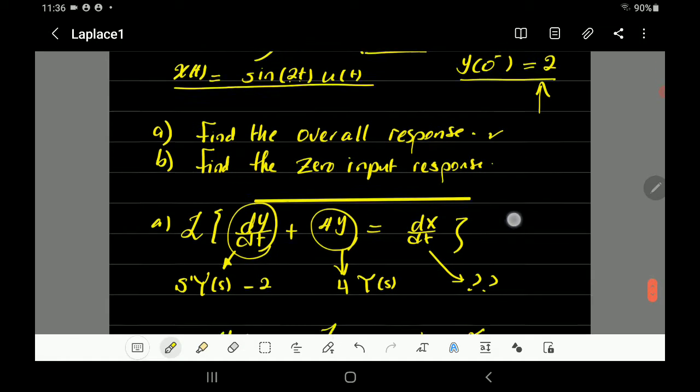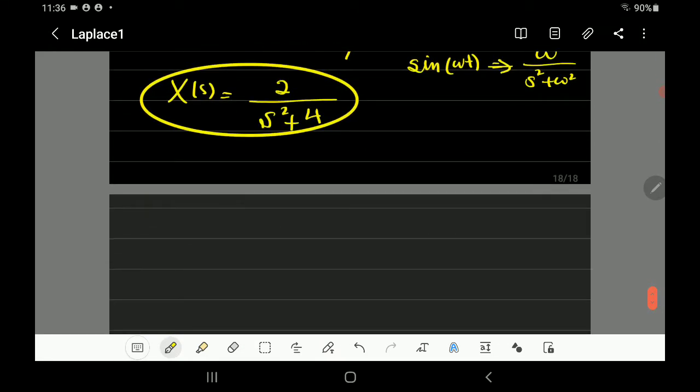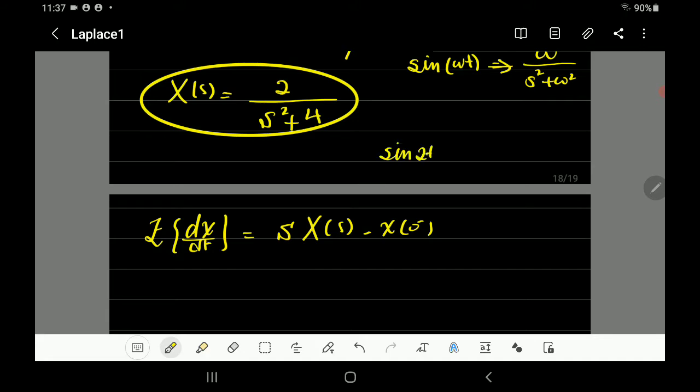But here in this equation, dx/dt, again we're going to use the differentiation property. The differentiation dx/dt will be equal to sX(s) minus the initial condition x(0). Already it's given, it's sin 2t u(t). So at 0, if you put 0 here, you will have sin 0, which is equal to 0.